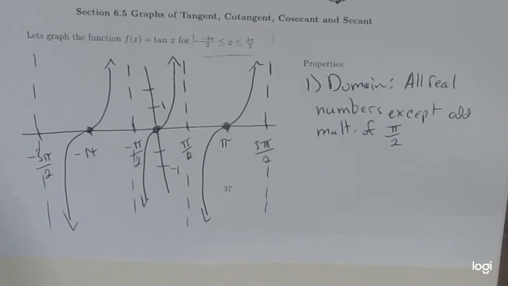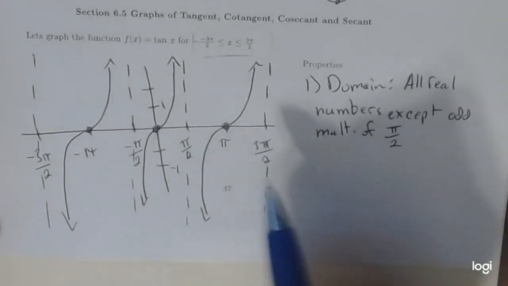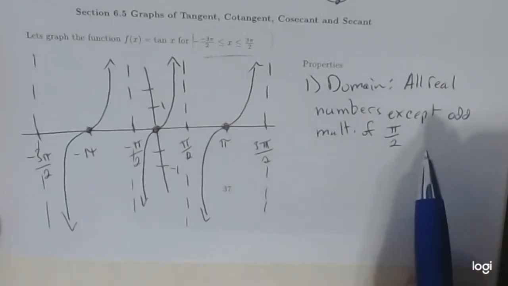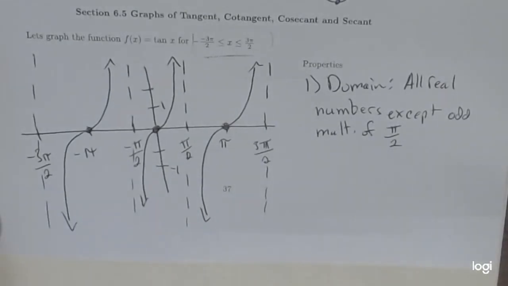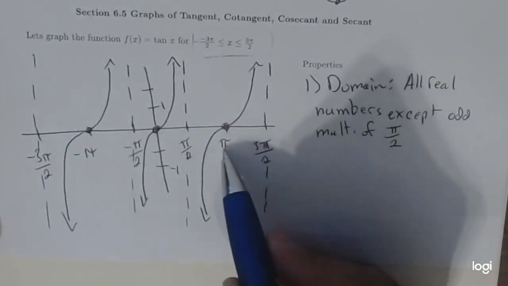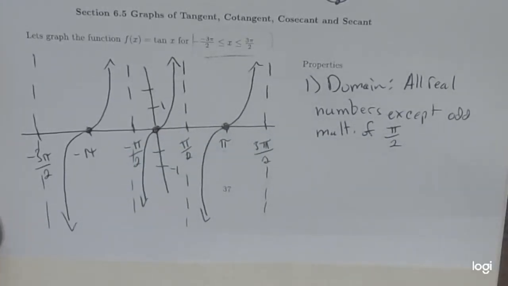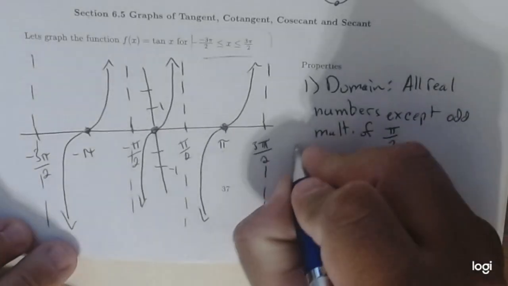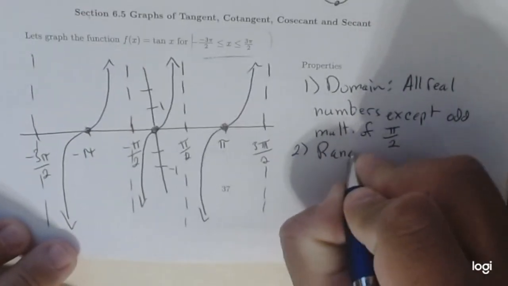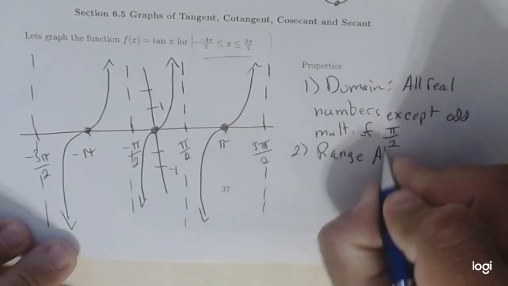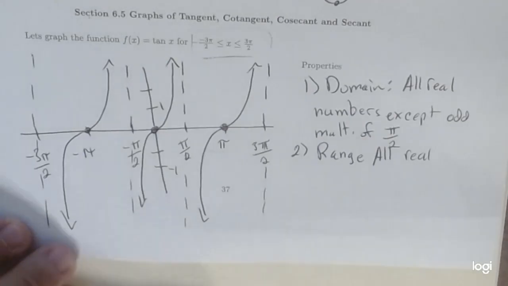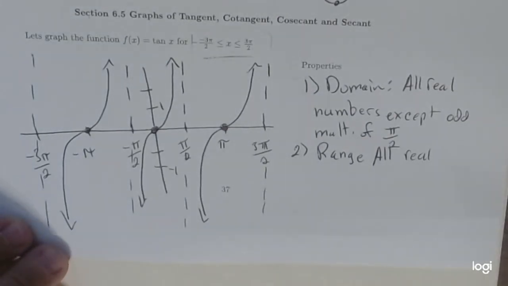And what I mean by odd is 1, 3, 5, 7, 9, all the odd multiples of pi over 2. The even ones, like 2 pi, 3 pi, and so forth, are fine. Number 2, the range is all real numbers. This goes to infinity, this goes to negative infinity, so it includes all of the y values.